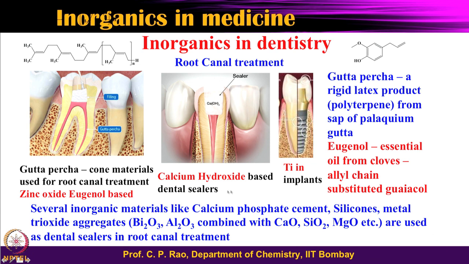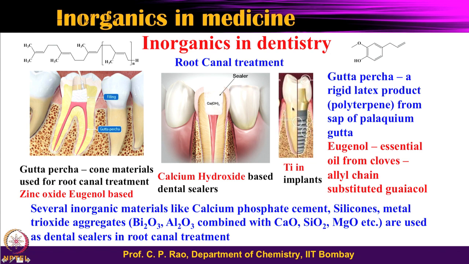Also, you can see calcium hydroxide based dental sealers. You can seal using the calcium hydroxide material. So, that means inorganic materials are used in multiple ways in dental treatment, as caps, as fillers, as root canal treatment, all kinds of things.